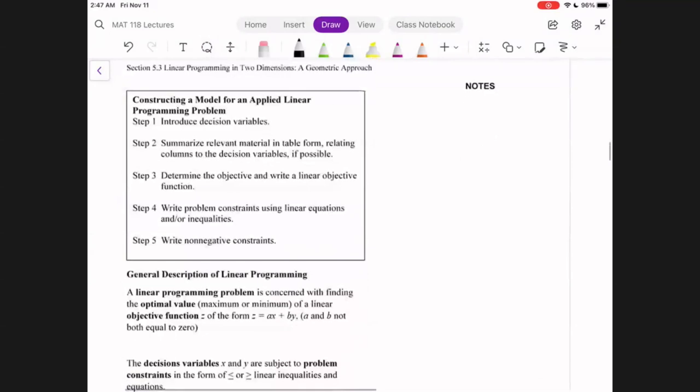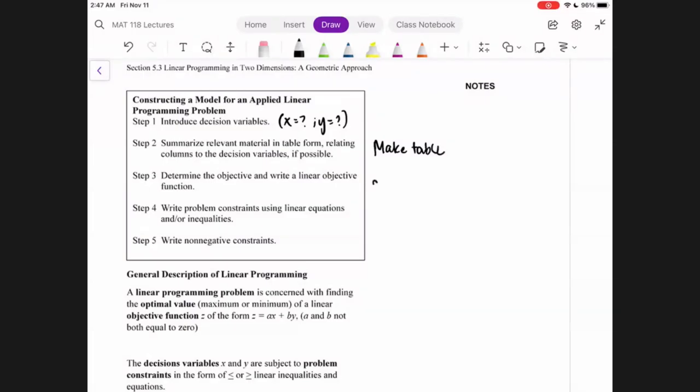So pretty much reiterating, okay, what are your x and y? Okay, so x is what? Y is what? Okay, what do they represent? Summarize the material in table form. Okay, so that means you make your table. Determine the objective and write the linear functions.